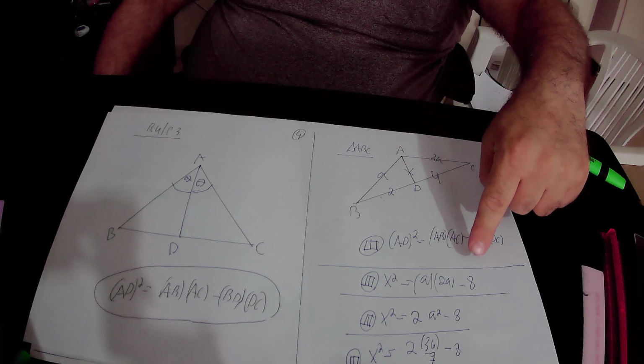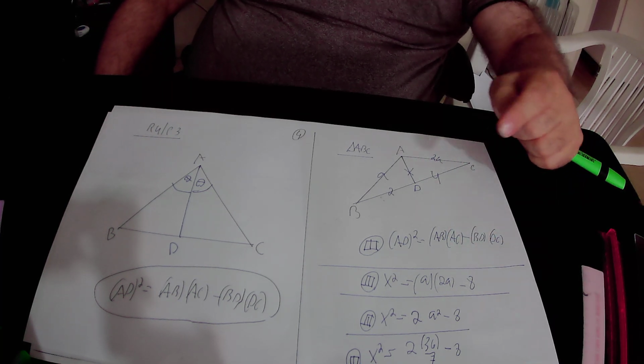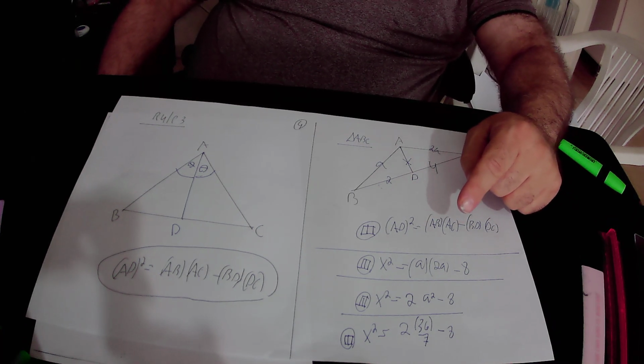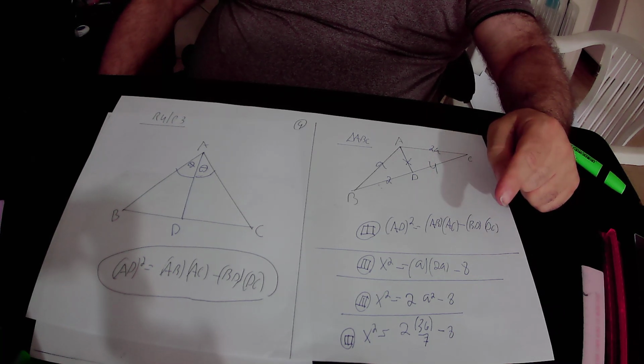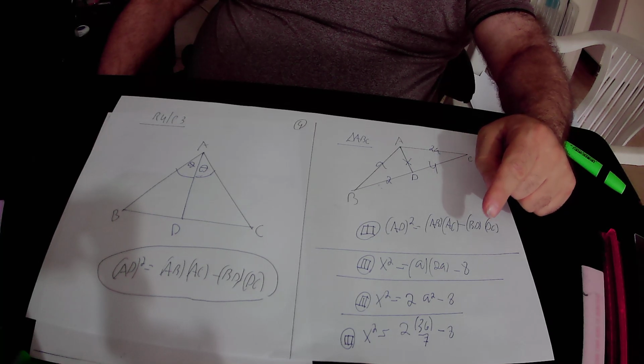That is actually minus 8. So here, X square equals A times 2A, which is 2A square, minus 8.